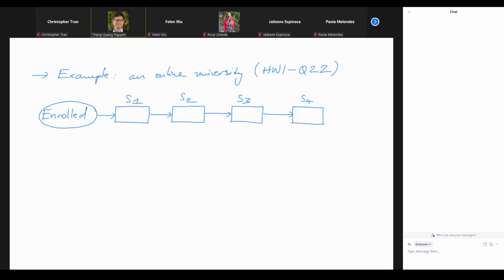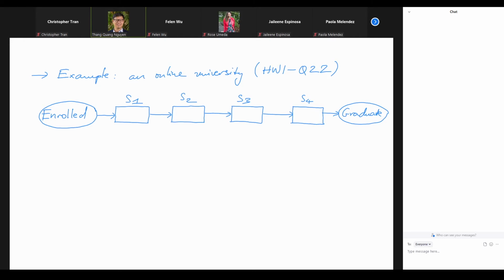Okay. So stage 1, 2, 3, and 4, and eventually they would graduate. Right. So that's how it looks. That's a 4-year or 5-year education.